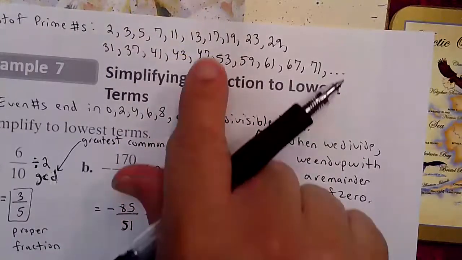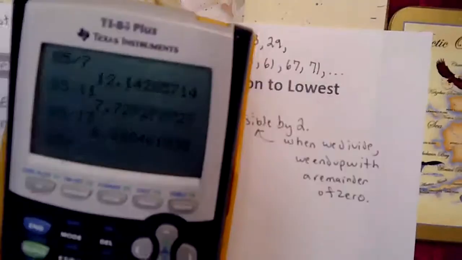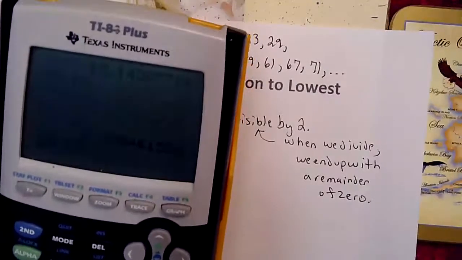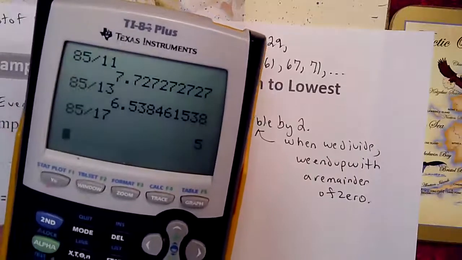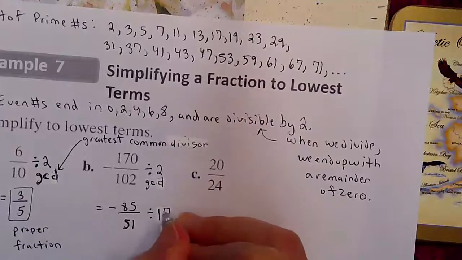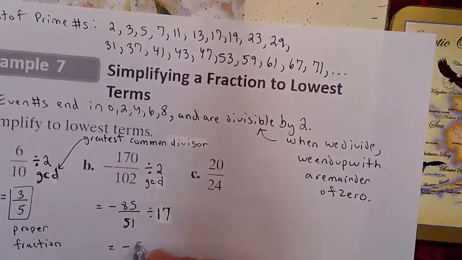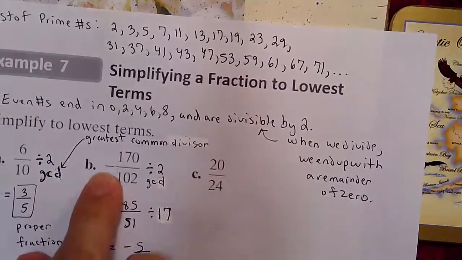How about 85 divided by 17? Oh, that looks good. See? So it might be 17 then. So that would be a -5, because remember this had a negative here.